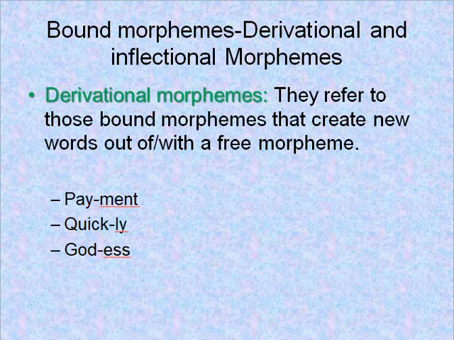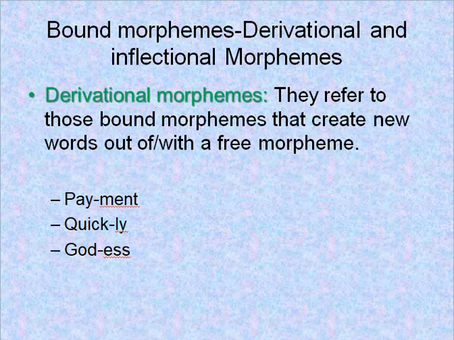For example, pay, we add ment, payment. This attachment is a derivational morpheme, which is bound, of course, added to the verb pay, to become payment as a free morpheme, as a noun, which is a new word class.